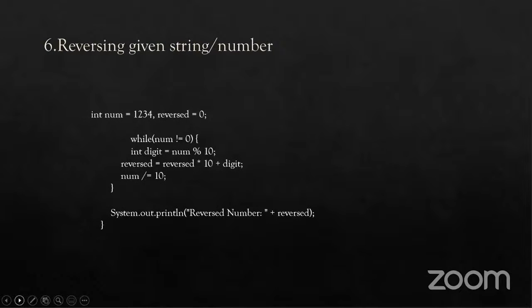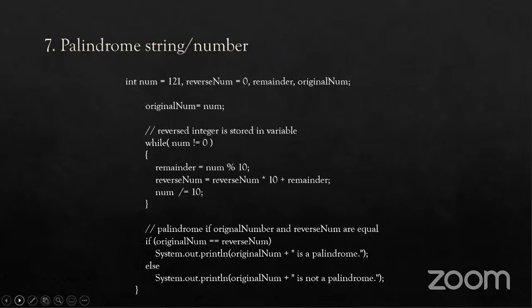Here, in the examples I have shown, I have only shown the program or logic, and we can implement this in any way, using methods or using OOPS concepts. The only thing is you need to understand the logical part.